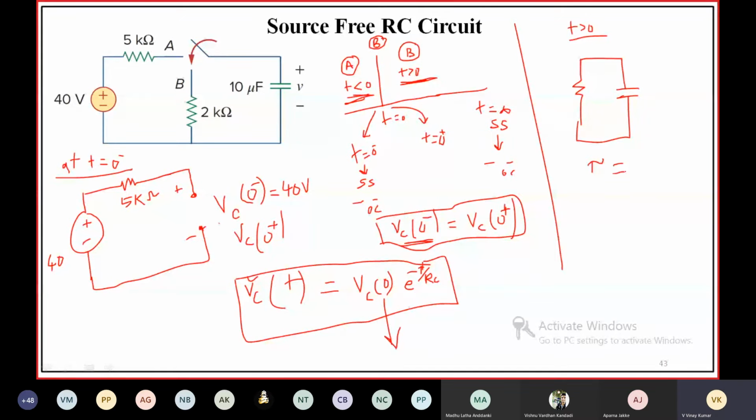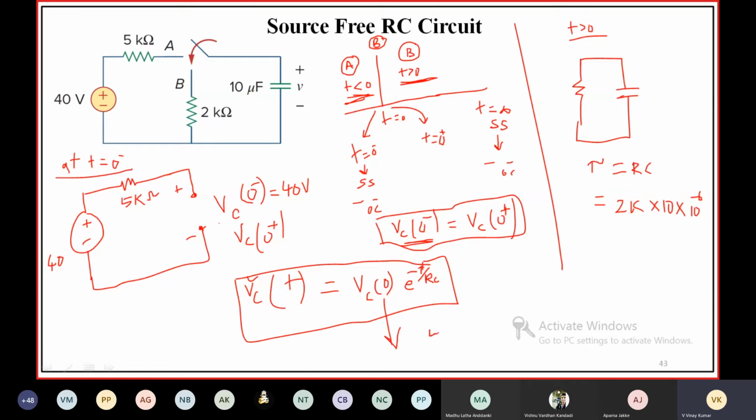Time constant tau is equal to RC, which is equal to 2 kilo ohms into 10 microfarads, 10 to the power minus 6.